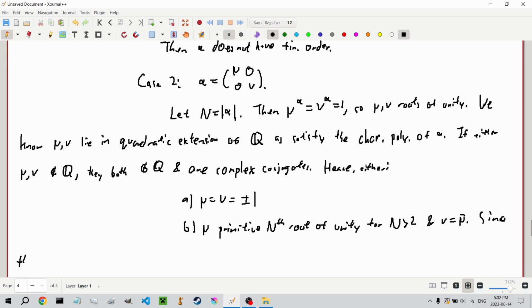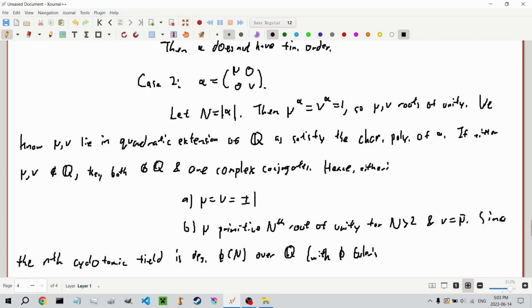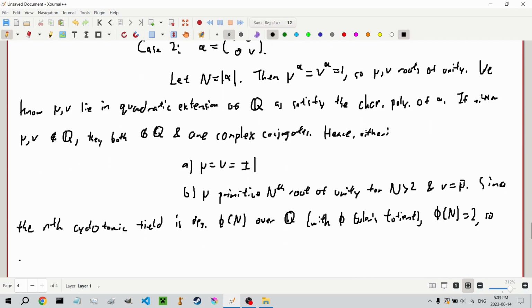Since the nth cyclotomic field is of degree phi of n over the rationals, with phi being Euler's totient function, phi of n is 2, so n is 3, 4, or 6.